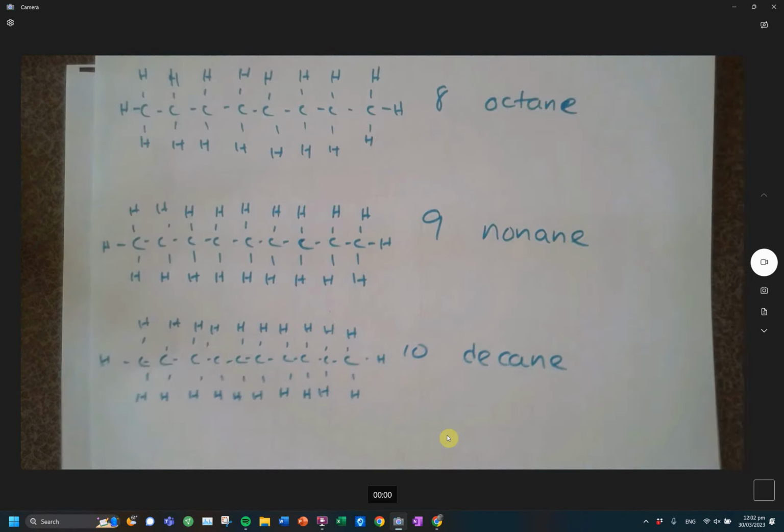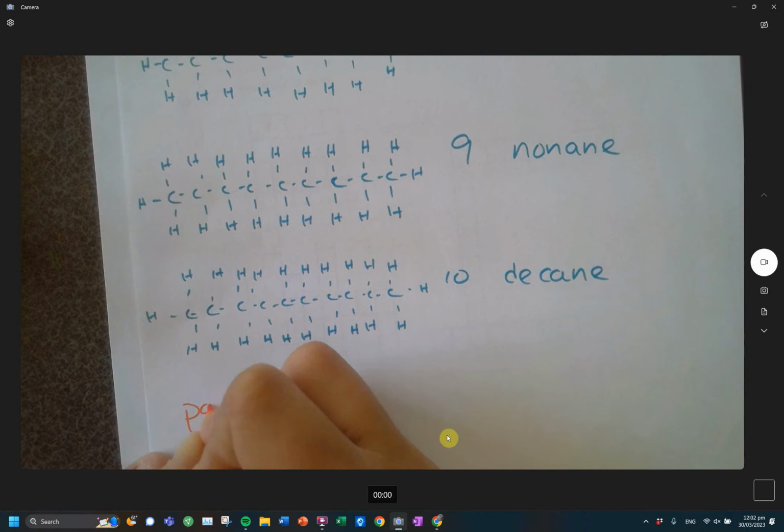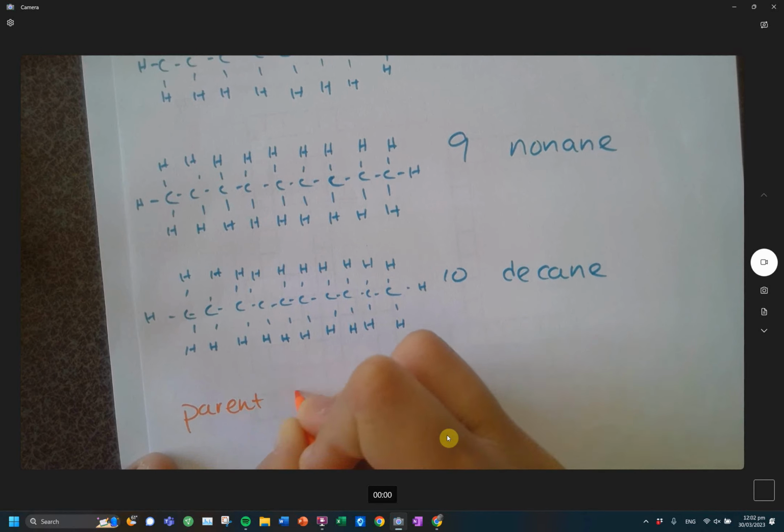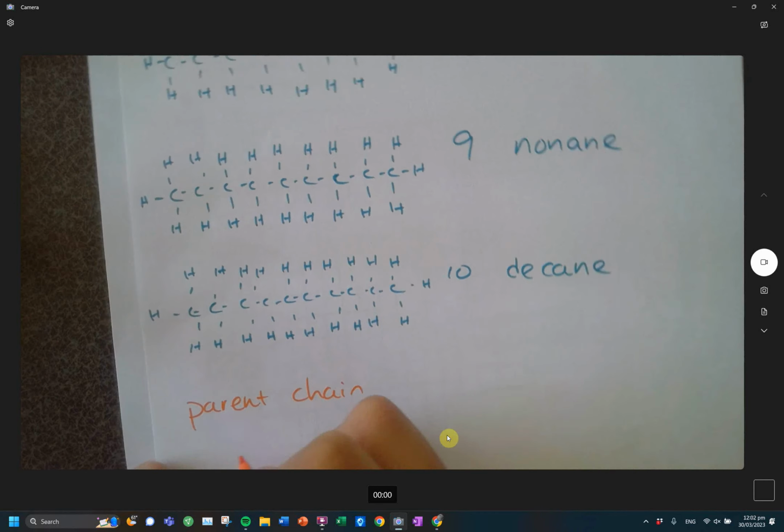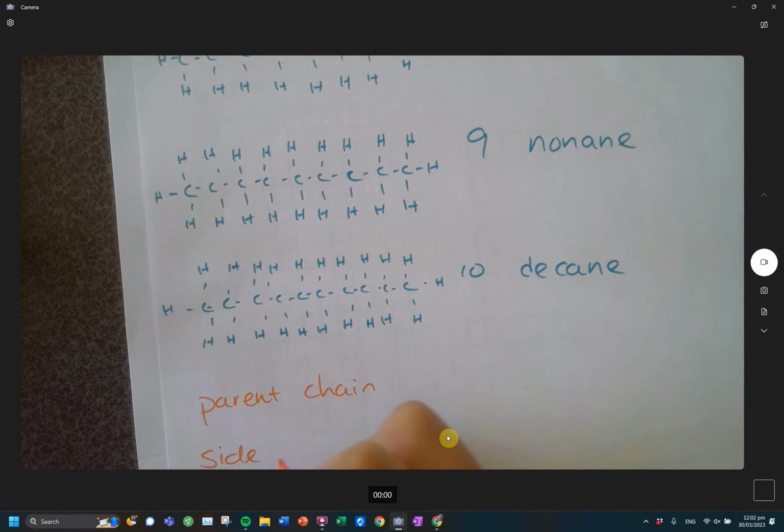I'm going to grab my notes from earlier to add to them. So you have parent chain, and then there's side chains. You might also hear them being referred to as branches, like a tree.